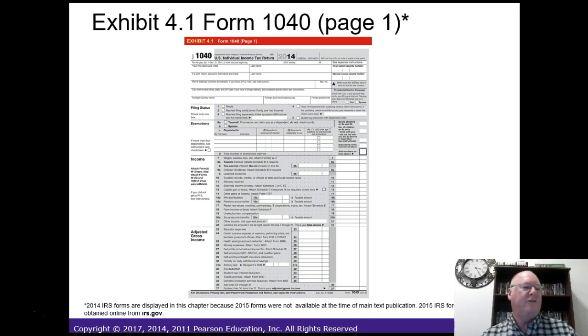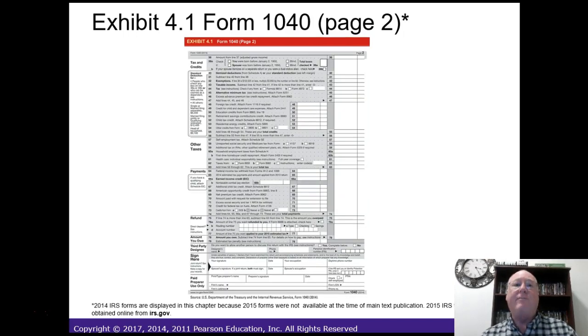After you make those adjustments, of course, you're going to go down to adjusted gross income at the bottom of line 37. And then we'll go to the back of that page, which is page 2, where you're going to be doing adjustments to that adjusted gross income.